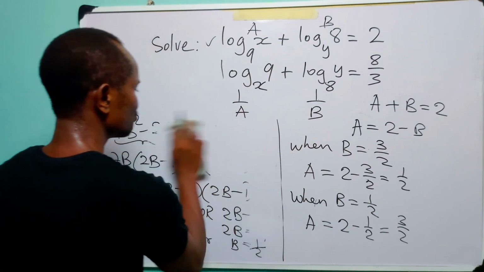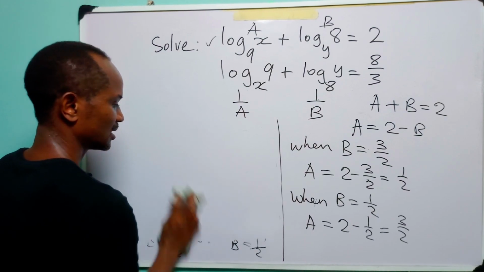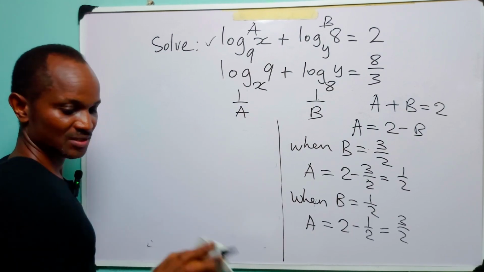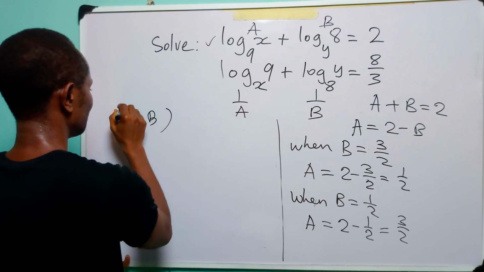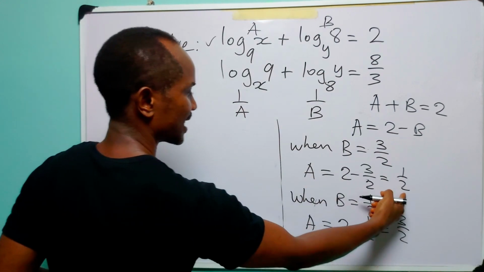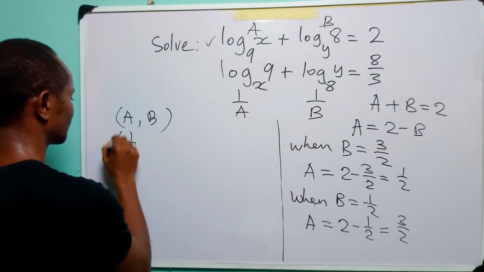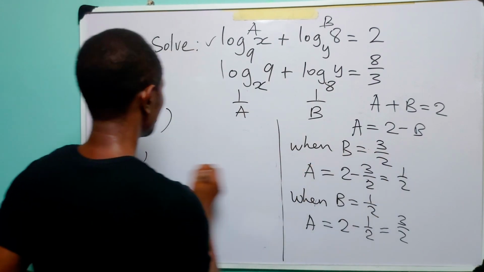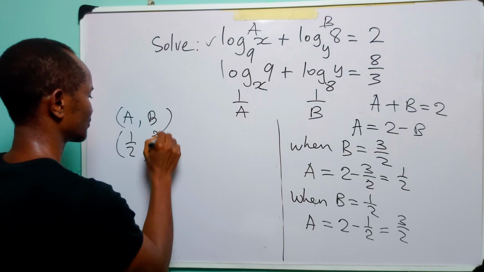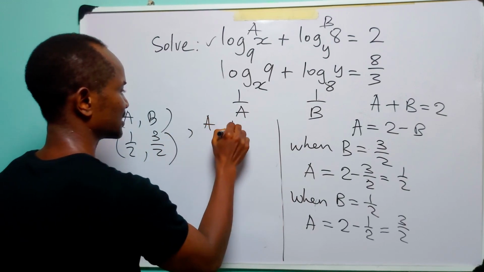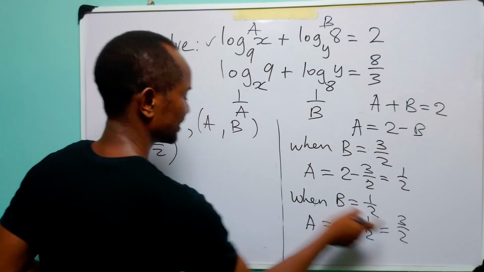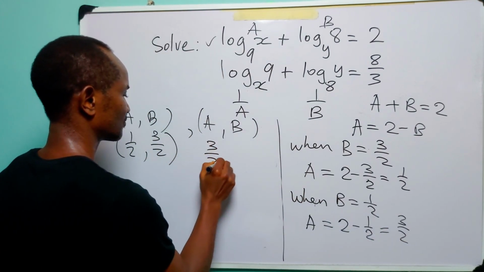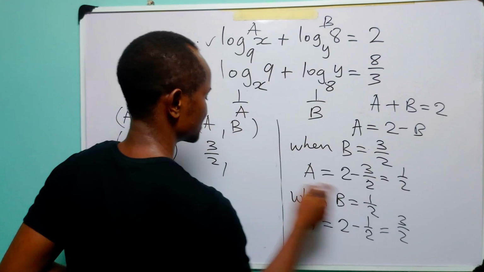So we have that the 2 points that satisfy these two equations are a, b, when a is half, b is 3 over 2. And the second point, a, b, when a is 3 over 2, b is half.